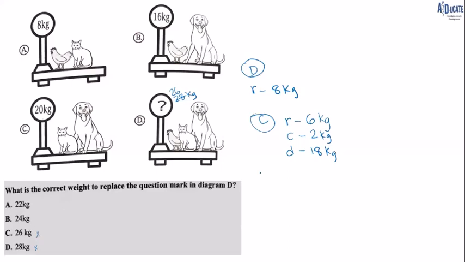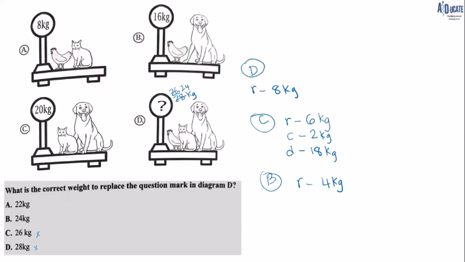What about 24? According to B, 24. Again, we're starting with C, where the dog and the cat are 20, which means for everybody to be 24, the rooster added 4 kilograms this time. If the rooster is 4 kilograms, and we're looking at either A or B, the cat is also 4.